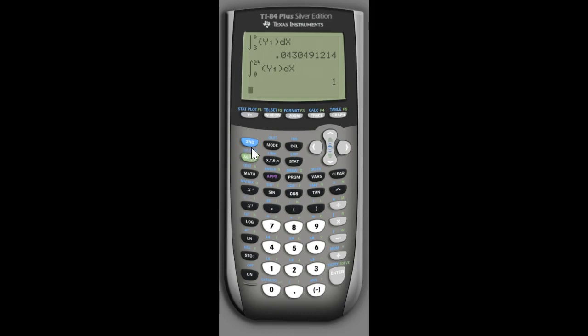Now, here's something to note. No matter how big I make that upper bound, let's make it 999, this is always going to round to, wait for it, 1. Because as I look at that curve and go out to infinity, there's very little of the curve that's left.